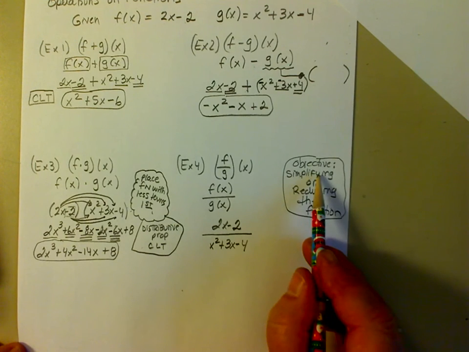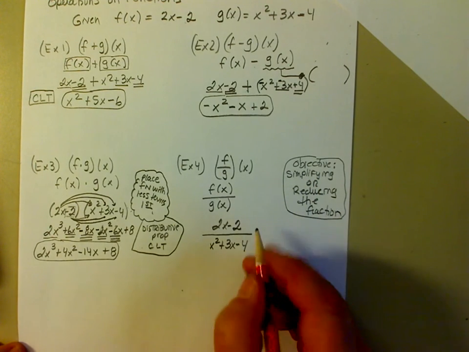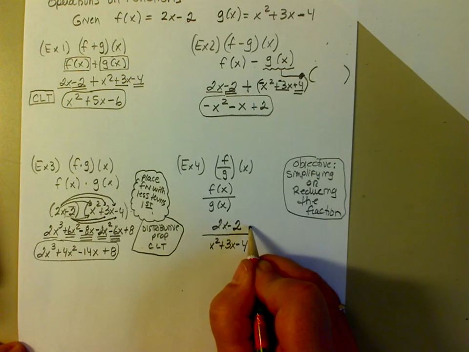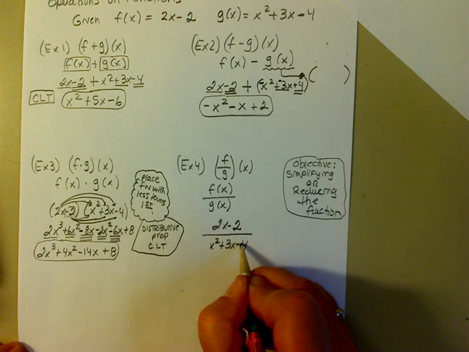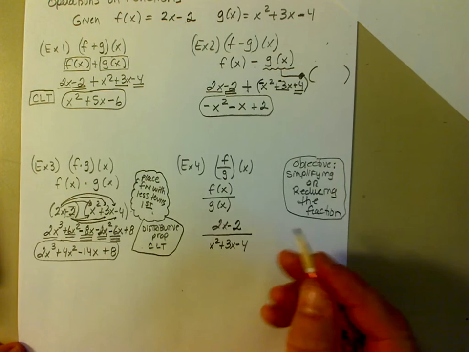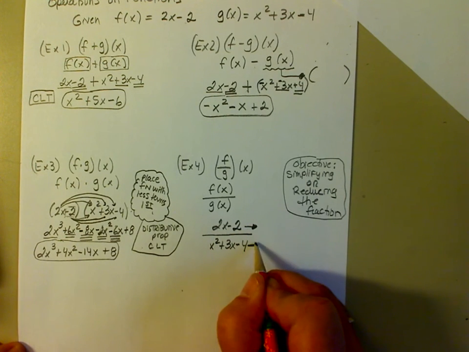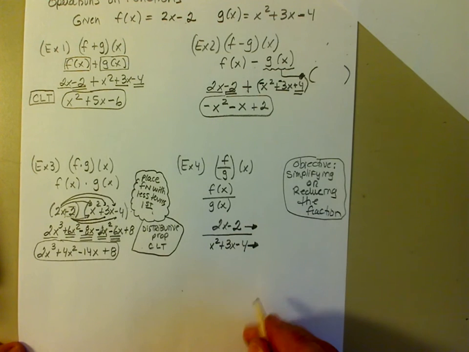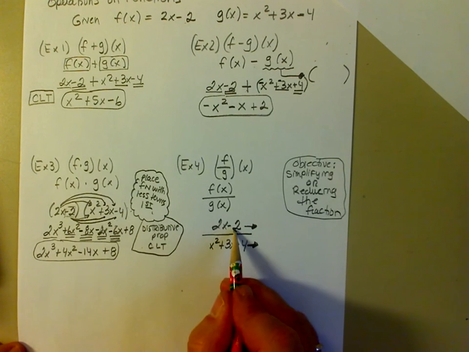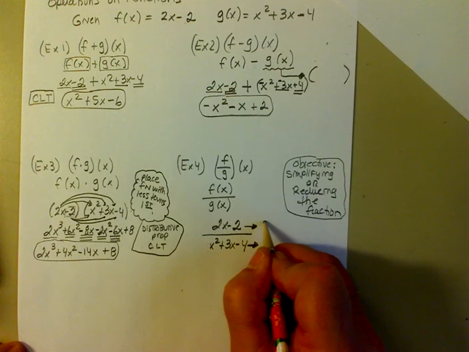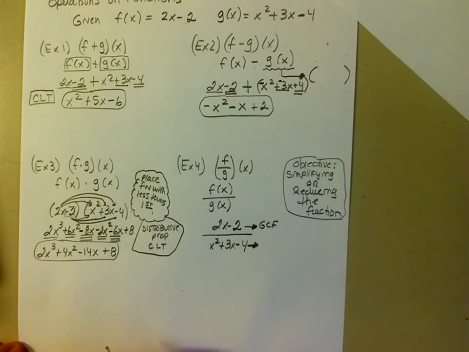Since we are simplifying or reducing the fraction, what we want to do here is get this into factored form or a factored format. So in order to do that, we have to look at each part, numerator and denominator individually. The numerator can be factored using the GCF method of factoring.